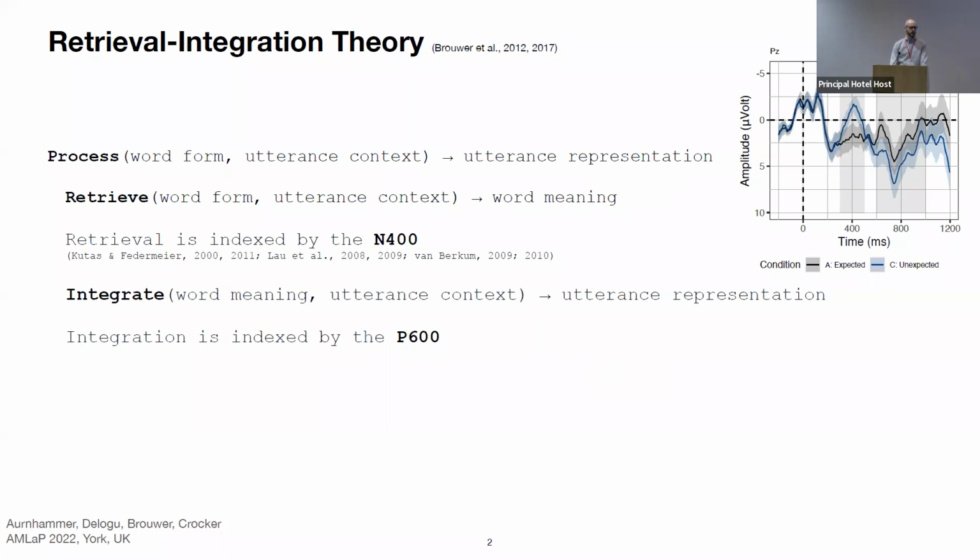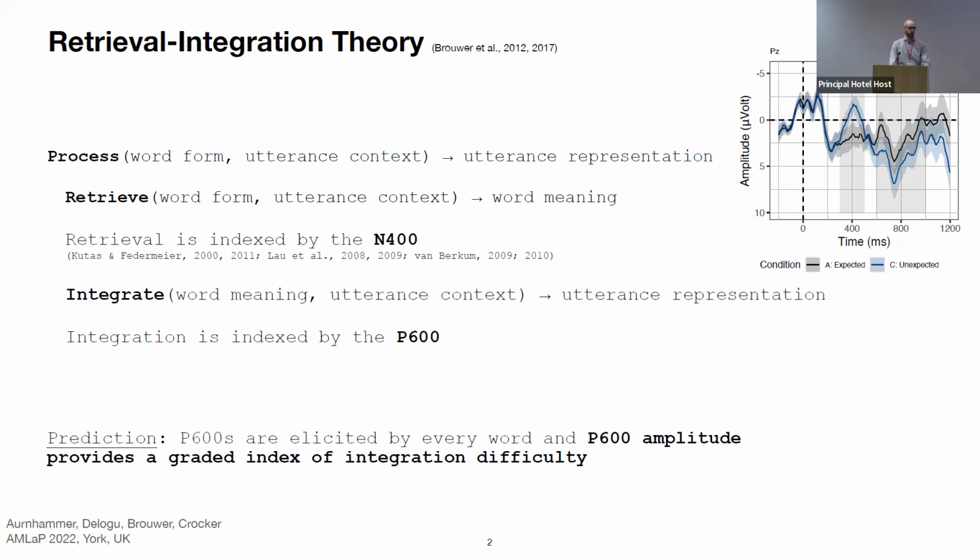And we take that integration is indexed by the P600 component. Now, one prediction that follows from that is that P600 is actually elicited by every word, because every word needs to be integrated. And the amplitude of the P600 should provide a graded index of integration difficulty, because not every word is integrated equally easily.